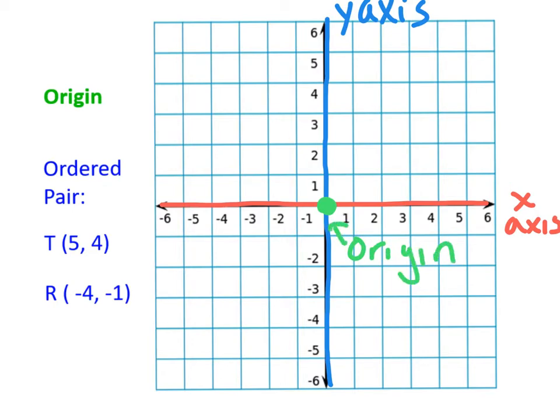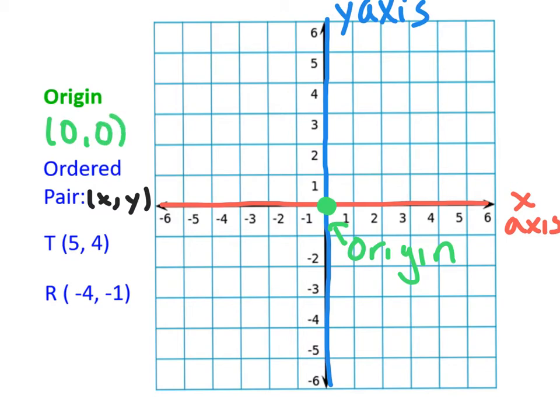Now, an ordered pair is a way of expressing where it is located. Ordered pairs are always written as x, comma, y. So our ordered pair for the origin would be 0, comma, 0.